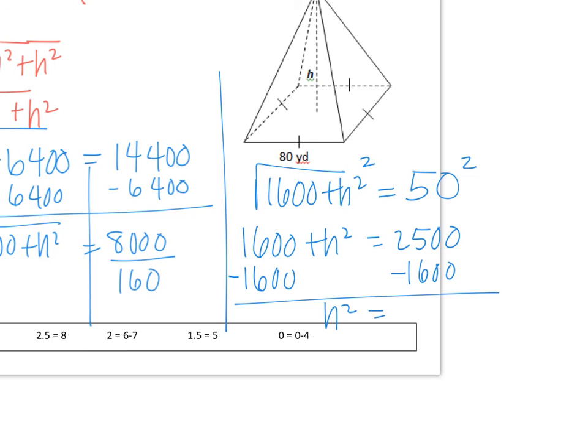H squared equals 900. Square root both sides. H equals 30. And I'm just going to double check my math here. Yep. So this is supposed to be an H.